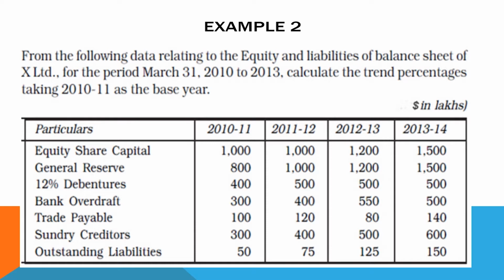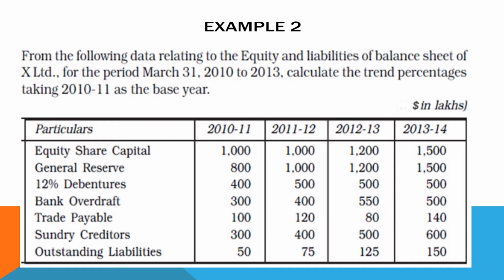So the percentage change will be 1000 divided by 1000 of base year multiplied by 100, which comes to be 100%. And in case of general reserve, it will be 1000 divided by base year, which is equal to 800, multiplied by 100, which comes to be 125%. Moving on to next year, 1200 divided by 1000 into 100, it becomes 120%.